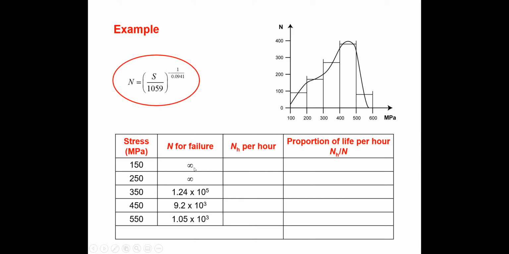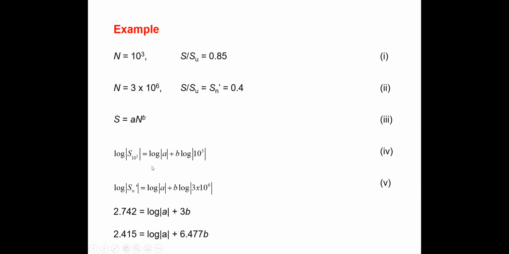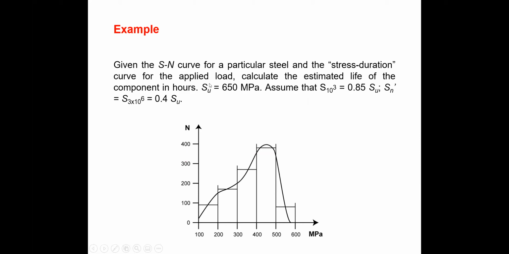But you can see in here for 150 and 250, that n value is infinite. You don't want to use this equation because, if you remember in these questions, the ultimate tensile strength is 650. So you can find out the endurance limit using this equation. You need to substitute 650 here. So when you substitute 650, what is the value?